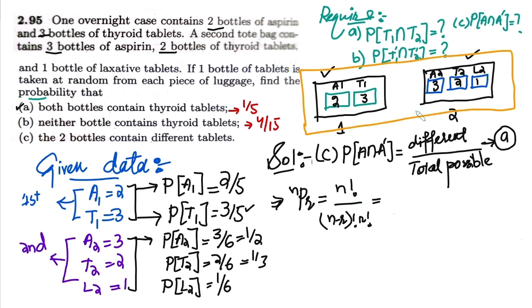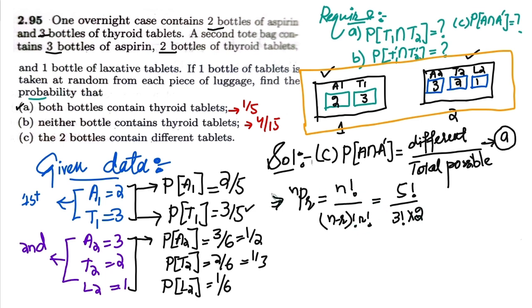So let me put n equal to 5 because it has 2 items in the first box, 3 in the second one. I will get here 5. So 5 factorial divided by, I have to select any 2 from them. So here I will get 5 minus 2, it would be 3 factorial, and r is again 2.